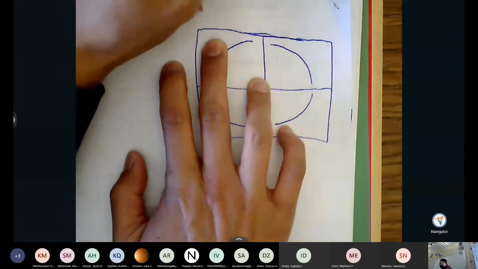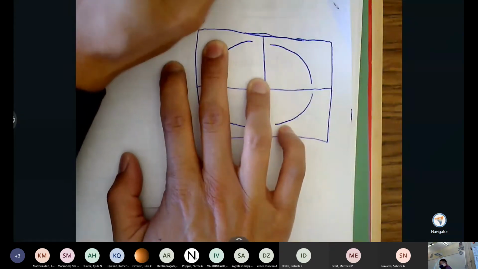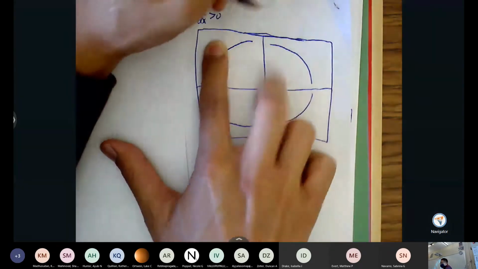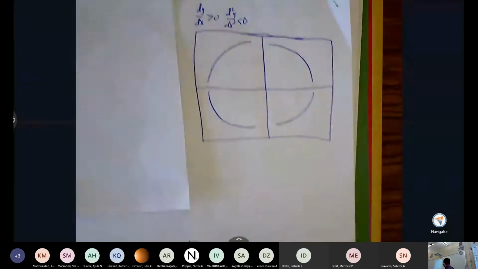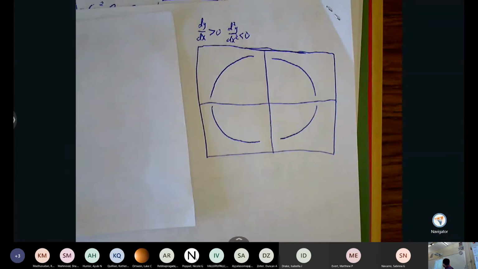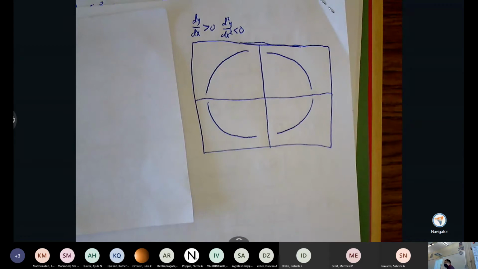Okay, so that means dy dx is greater than 0, right? First derivative is positive, but the second derivative is negative. So when you have positive f prime and a negative second derivative, this is what the graph will look like. It'll maintain that curvature, that shape.